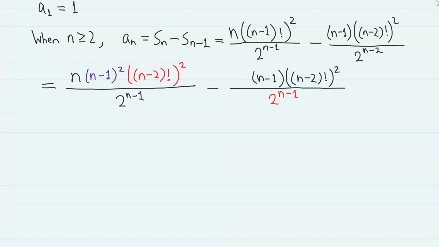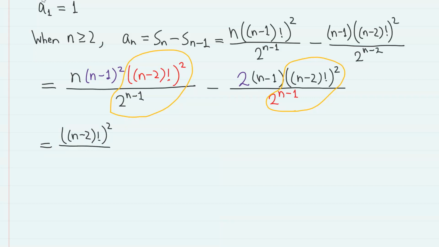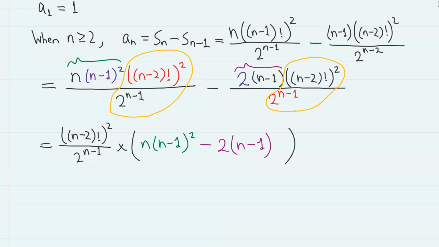This means that we have to write an additional 2 in the numerator. Then we have the common part, which is this part. So let's write n minus 2 factorial squared over 2 to the power of n minus 1 at the front. So this times, in the first term, we have n minus 1 squared left. And in the second term, we have minus 2 times n minus 1 left.